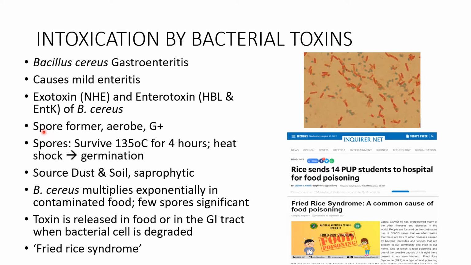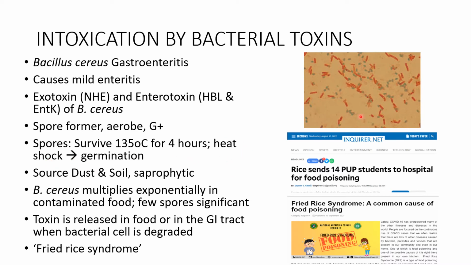So again, Bacillus, much like your Clostridium, are spore formers. They are aerobic and gram positive. So these spores, just like your Clostridium, are very resistant to heat and other environmental conditions.